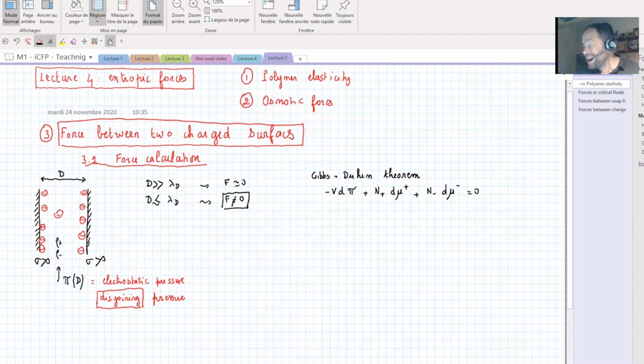Well, mu is the electrochemical potential. I don't want to stay with this shape, so I will divide by the volume in order to have something easier. So now I have rho plus d mu plus plus rho minus d mu minus is equal to 0. And this is the important relation. And here again, mu is the electrochemical potential.